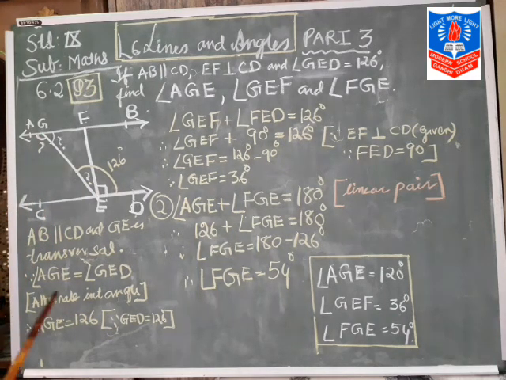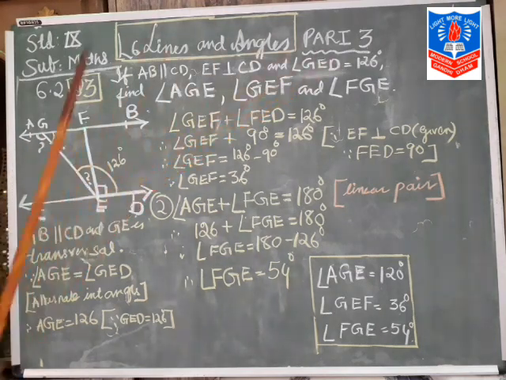So we can write AGE equals 126. First question is solved. Clear, children? GED is given as 126, alternate interior angles, so AGE is 126.